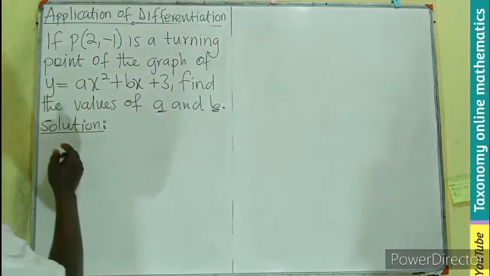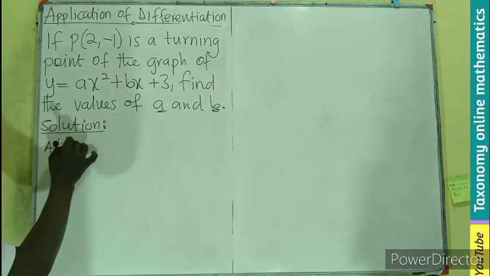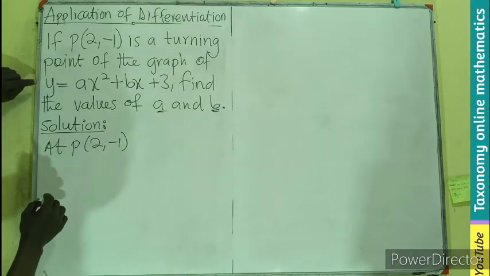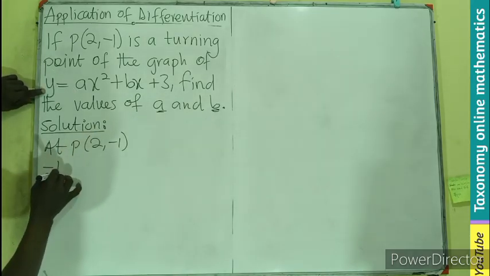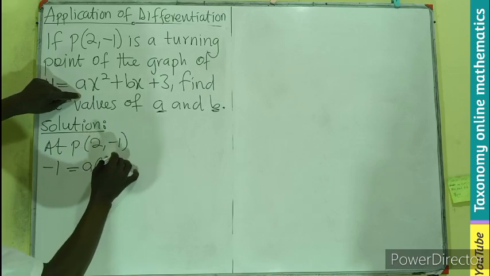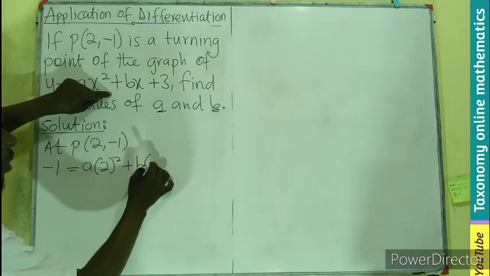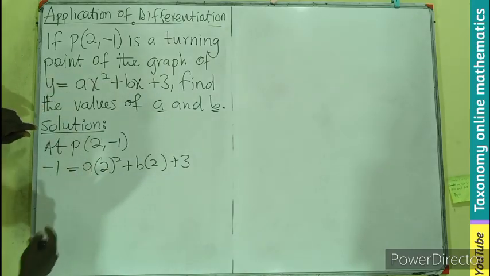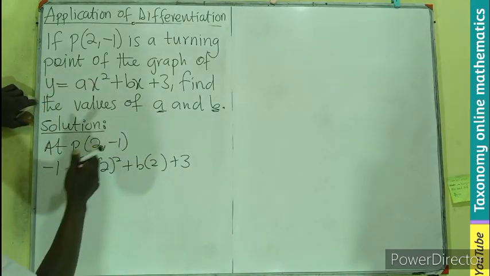So first, I will say that at P equals (2, -1), using this, y is going to be -1 equals a times 2 squared plus b times 2 plus 3, replacing the x and the y with the point.